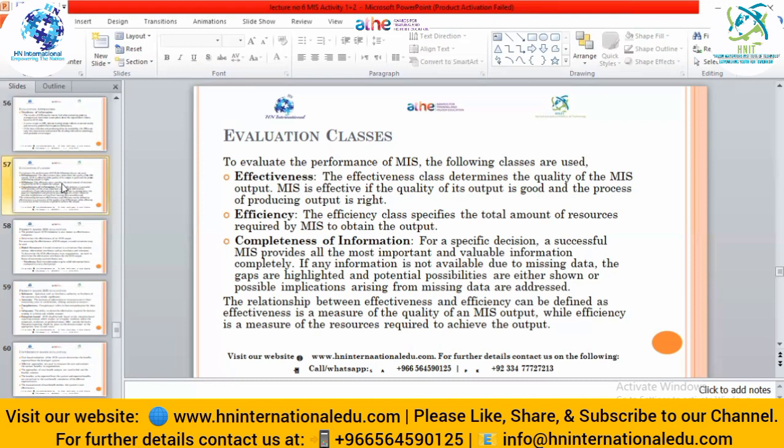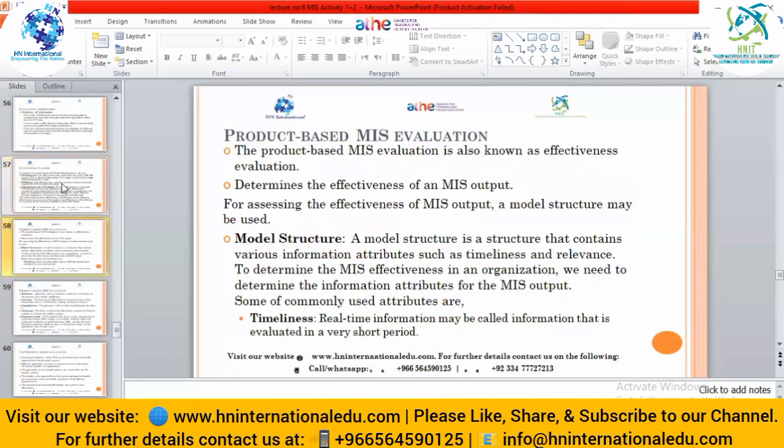So overall, the information and all the data must be complete. The relationship between effectiveness and efficiency can be defined as: effectiveness is the measure of the quality of the management information system. The quality is good, and the budget and the time are also efficient. So we have to check that.